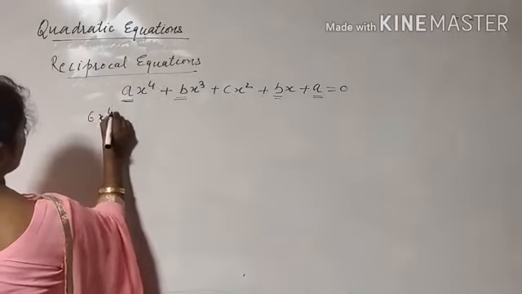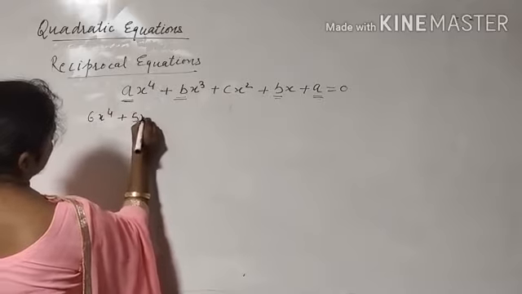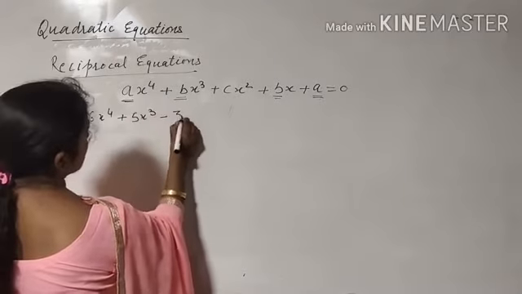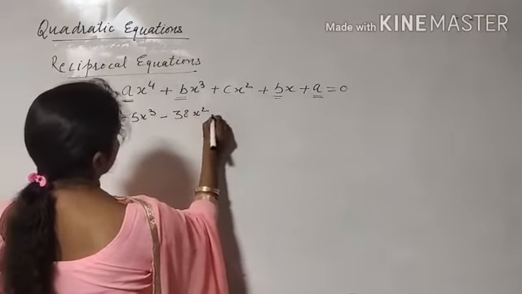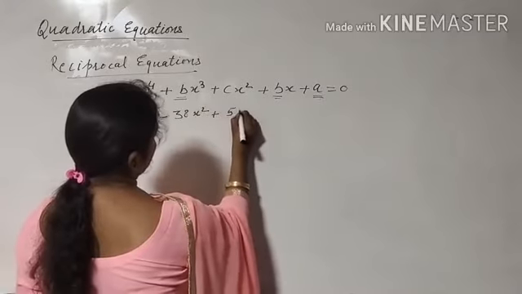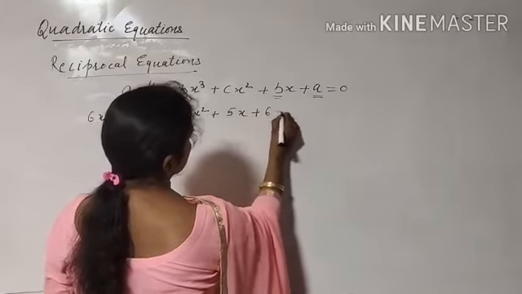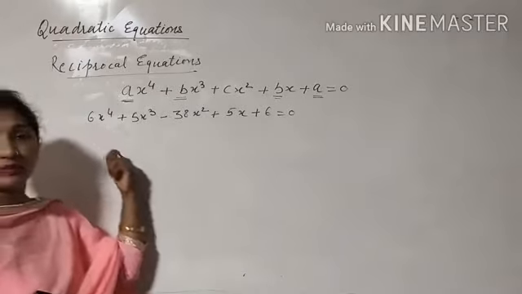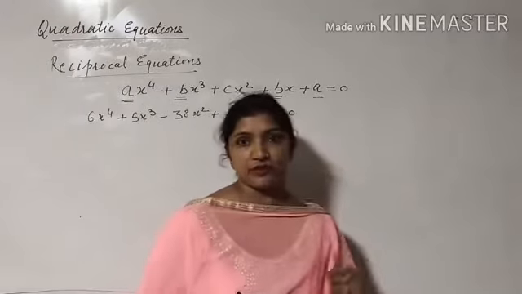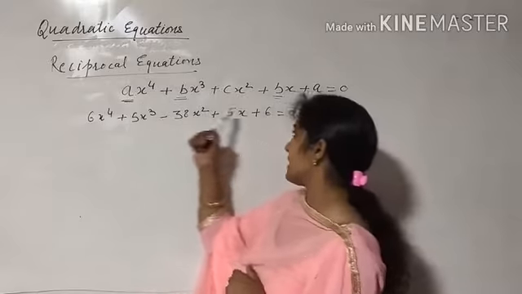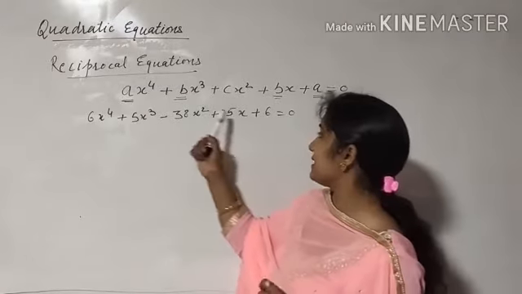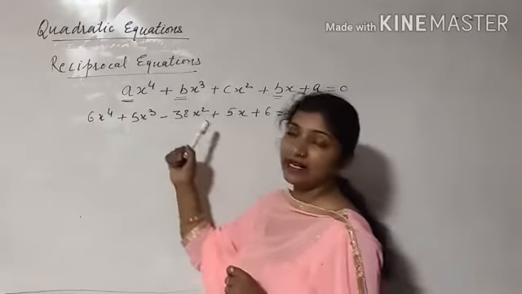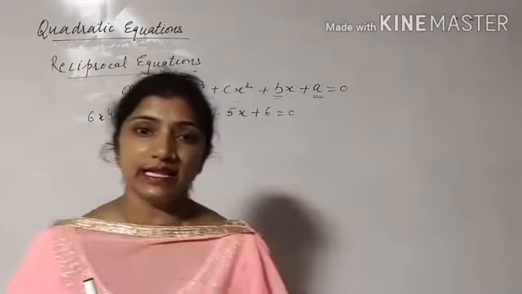6x^4 + 5x^3 - 38x^2 + 5x + 6 = 0. Here you can easily see that the coefficient from the beginning is same as the coefficient from the end. The first and the last is 6, the second and the second last is 5, and the middle one is minus 38.